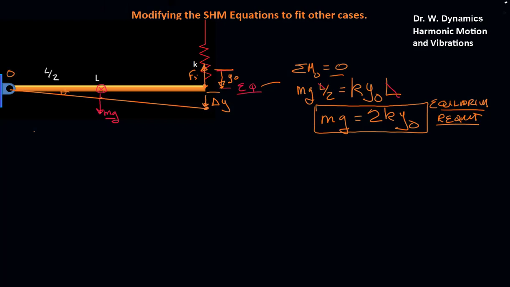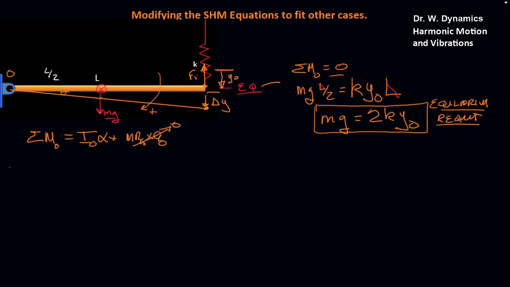Taking the moments about point O, we get the sum of the moments about O is I_O alpha plus m r_G cross a_O, but O can't move, we know that. And we'll pick this as our positive direction.